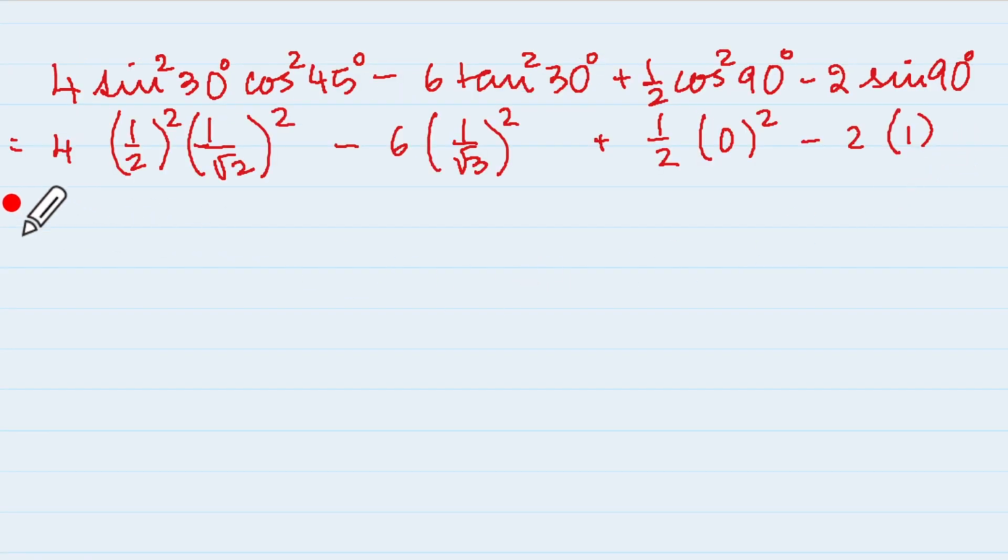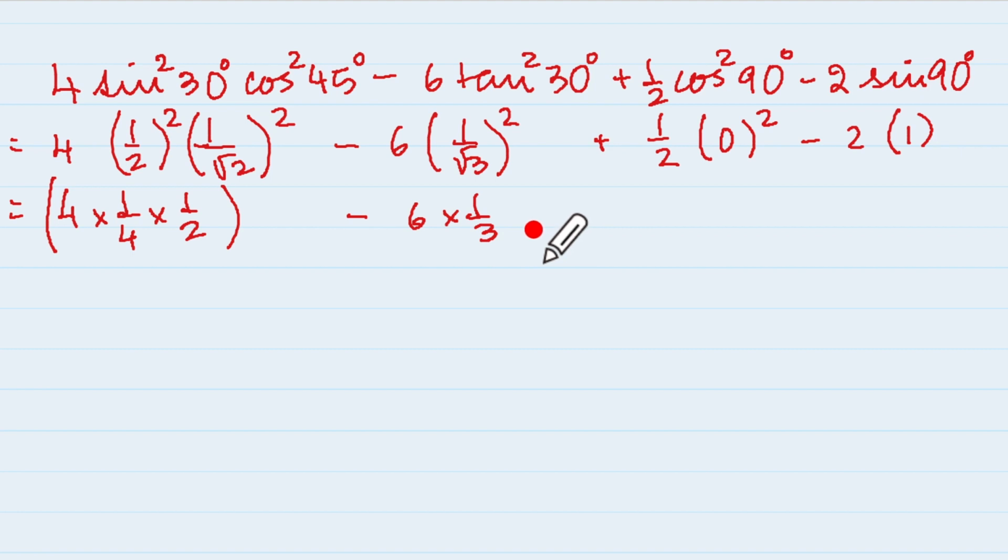And that is giving us 4 into 1 upon 4 into 1 upon 2, that is this fraction, minus 6 into 1 upon 3, square of root 3 is 3, that's the second fraction, plus half into 0 square means 0 into half, that is 0, minus 2.